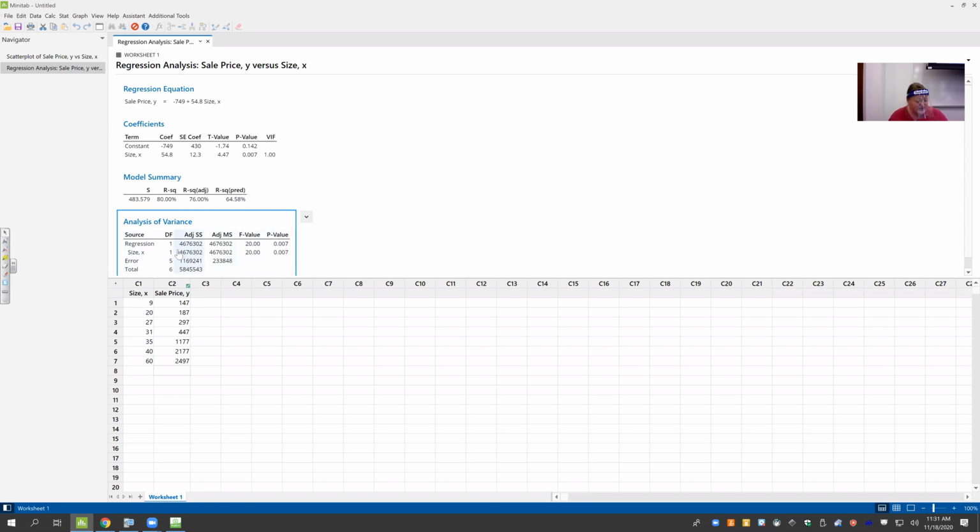So when this asks you for the p-value, you're going to look under the analysis of variance header, and you're going to read the p-value for regression, which in this case is 0.007.